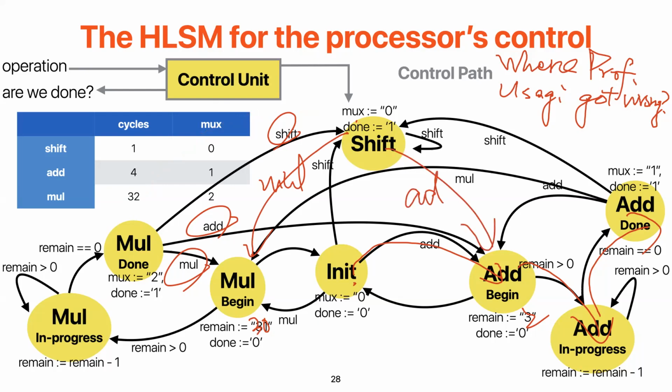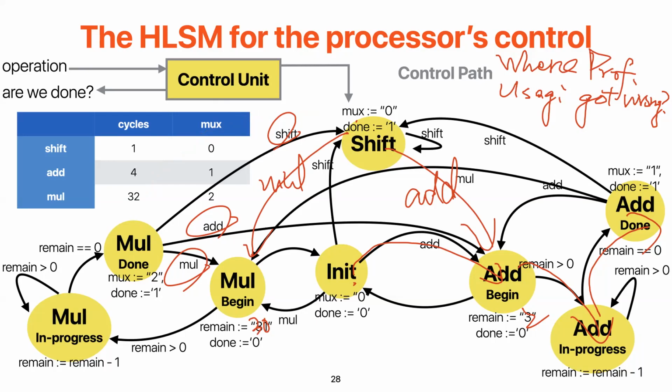Okay, that's a good one. What else? Also, the empty arrows from begin back to init, what do they mean? For example, do we want multiplication begin to go back to init? Yeah, what do those mean? I couldn't wrap my head around those.